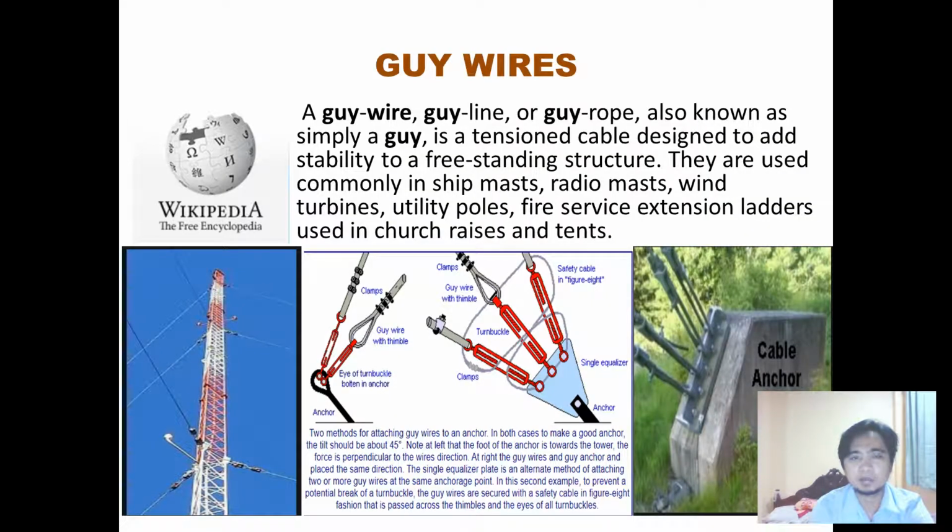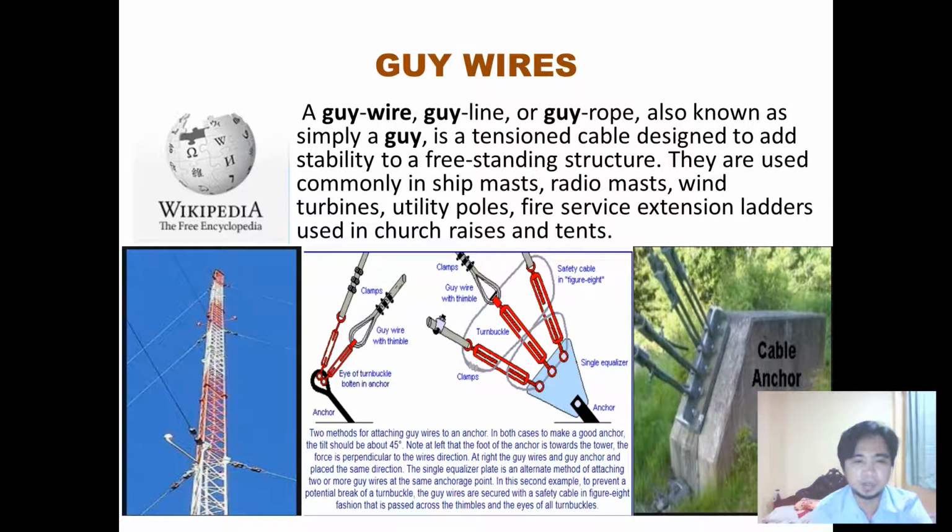For another line element, we have guy wires, also known as a guy line or guy rope, or simply a guy. A guy is a tension cable designed to add stability to a freestanding structure.